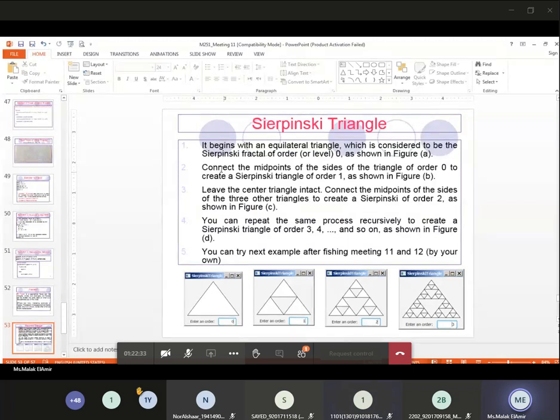Connect the midpoints of the sides of the triangle in order 0 to create the new triangle in order 1. Then in each one, put the middle point in each side and connect them. Again, I have this side and this side. Okay, so the middle will be here and here and here. I'm going to connect between them.